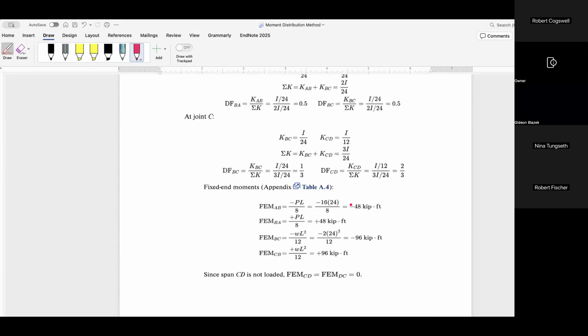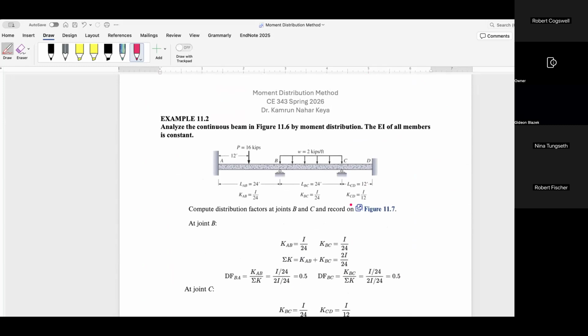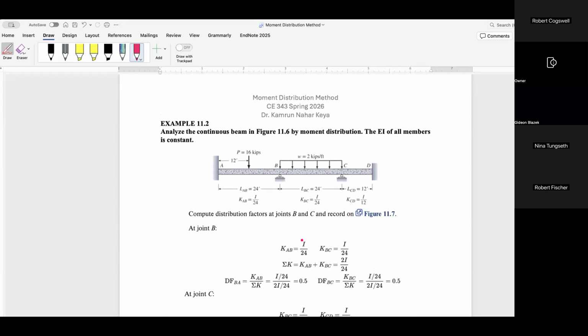Okay, now we are going to show another example. This one is a beam with a different load. Here we have a vertical point load downward, and also a uniform distributed load only for the BC part.